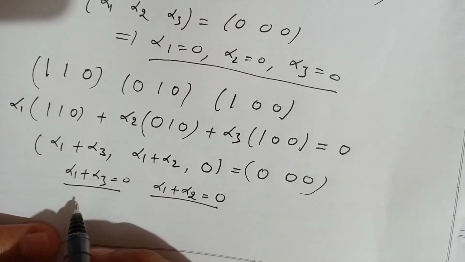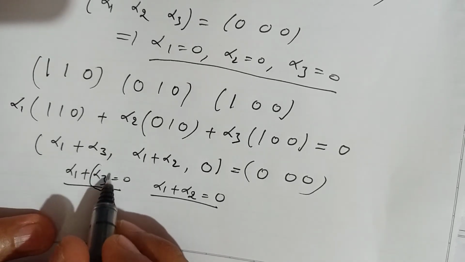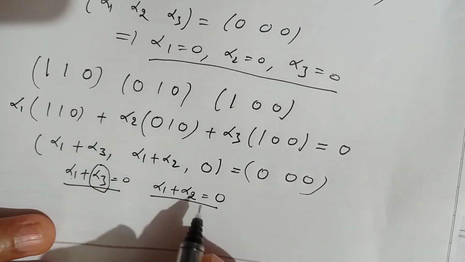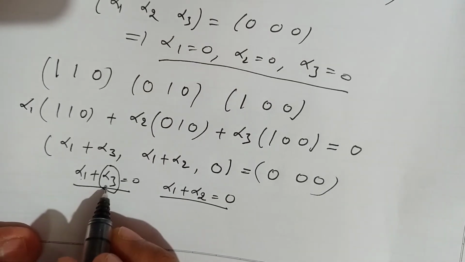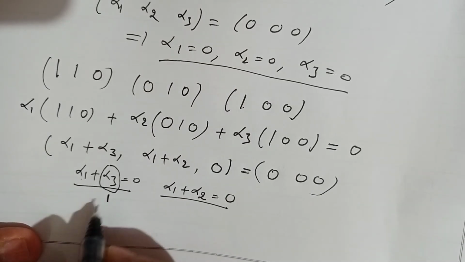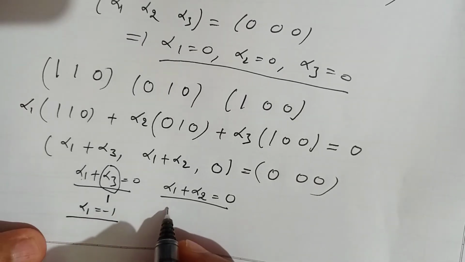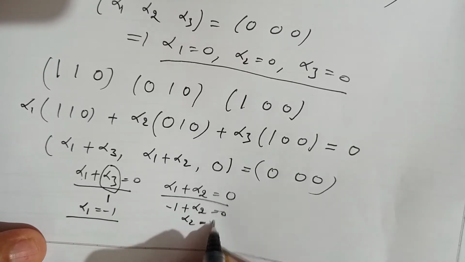So one will be independent. Let us say alpha 3 is the independent one, because we have three variables, alpha 1, alpha 2 and alpha 3, and only two equations, so definitely one will be independent. So alpha 3 independent means alpha 3 equal to 1, so alpha 1 equal to minus 1, then minus 1 plus alpha 2 equal to 0, so alpha 2 equal to 1.